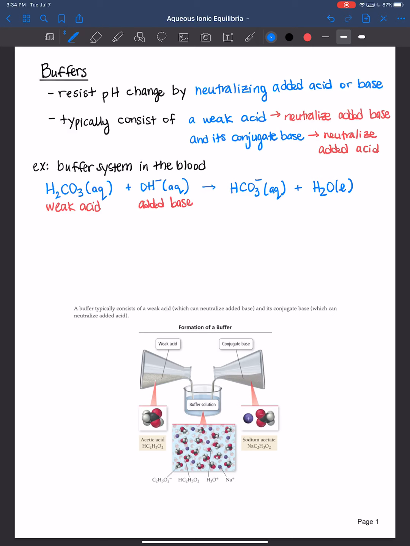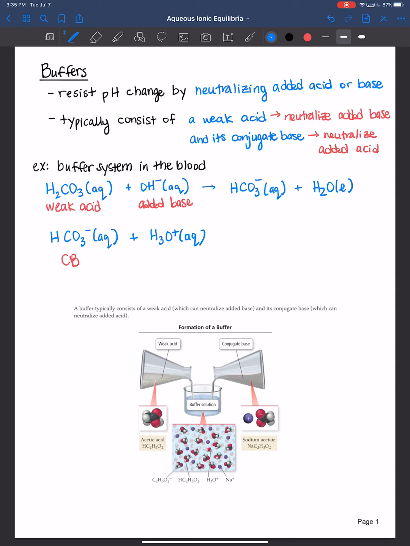Now the buffer system also has to have the conjugate base present. So that is bicarbonate, the conjugate base of carbonic acid. I use Cb to represent conjugate base. Added acid means that we are adding the hydronium ions.